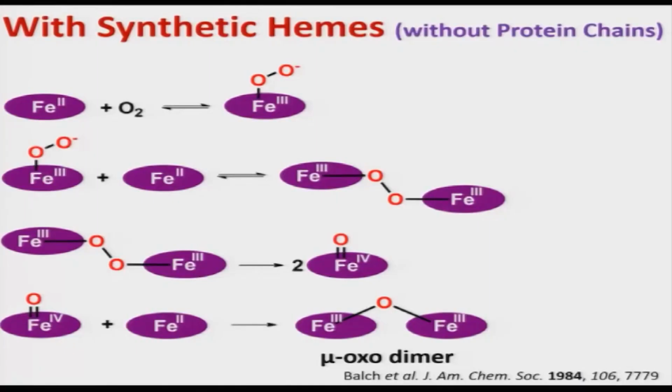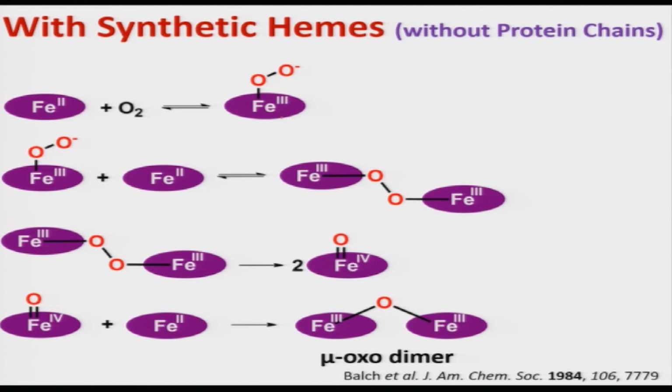What exactly is happening with synthetic hemes? Now, iron(II) heme binds dioxygen as observed in hemoglobin and myoglobin, converting to iron(III)-O2 minus. So, the metal is getting oxidized and dioxygen is getting reduced to superoxide first.